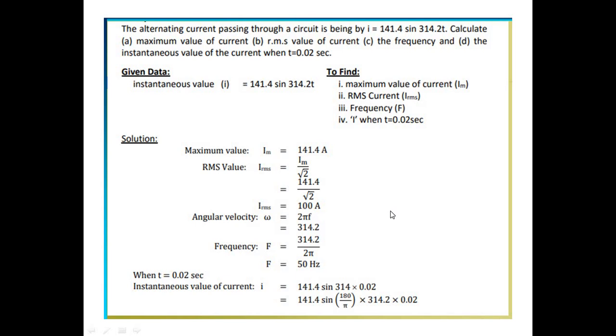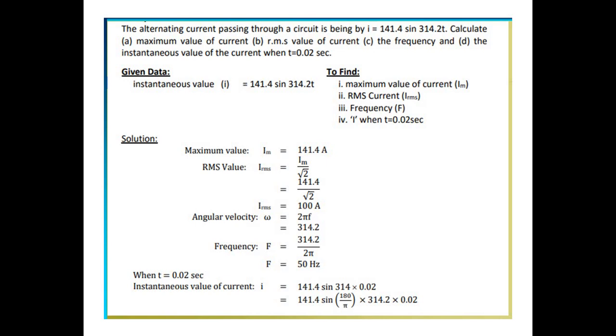Given data: instantaneous value I is equal to 141.4 sin 314.2 T. To find: first the maximum value of current, second the RMS value of current, third the frequency, and fourth the I when T is equal to 0.02 second.